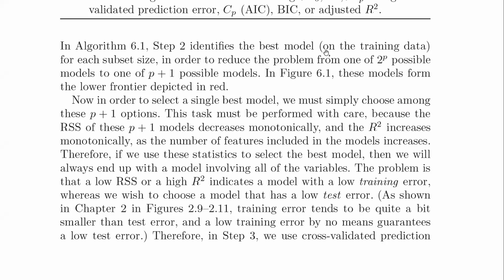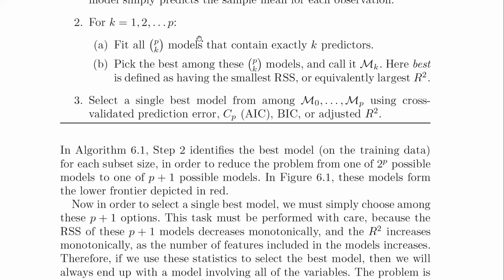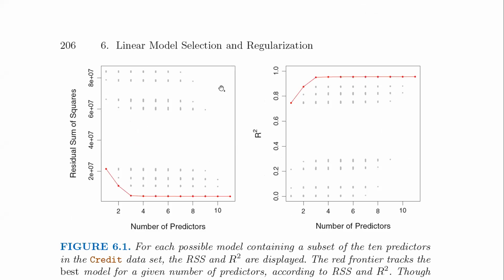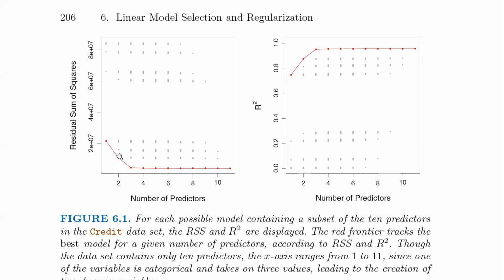In figure 6.1, these models form the lower frontier depicted in red. I think I know what it's doing. So, for example, you have all your models using 6 predictors.